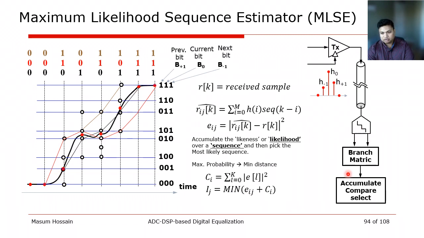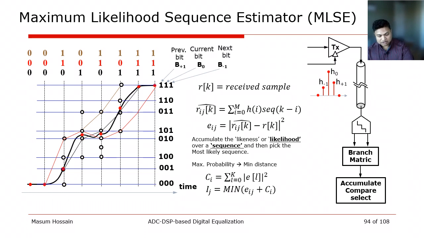From a hardware point of view, first we digitize, then we calculate the branch metric. Branch metrics are nothing but the calculation of this likelihood. And then we accumulate these branch metrics and then compare and select the most likely one, or the one that overall achieves the minimum distance from the constellation points.